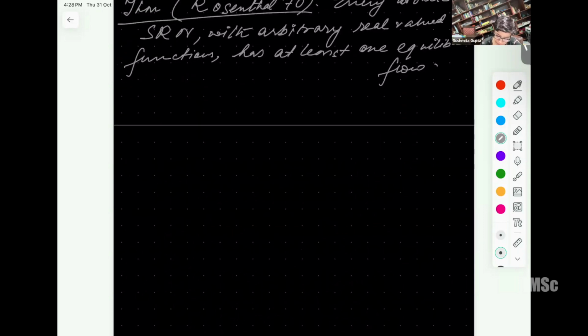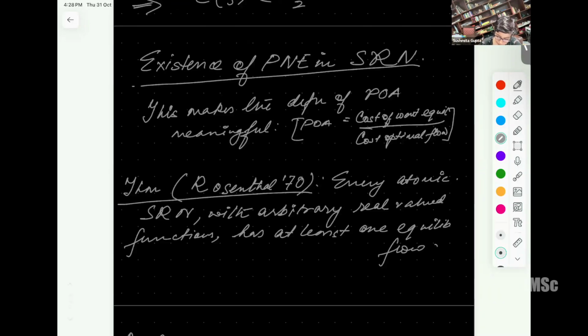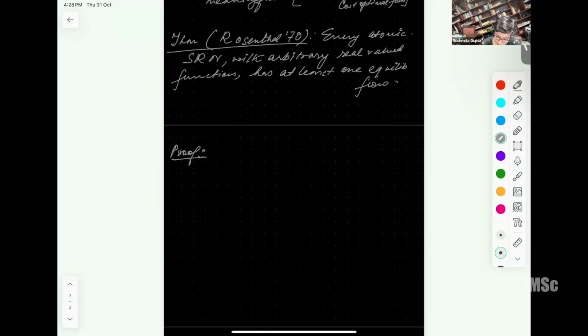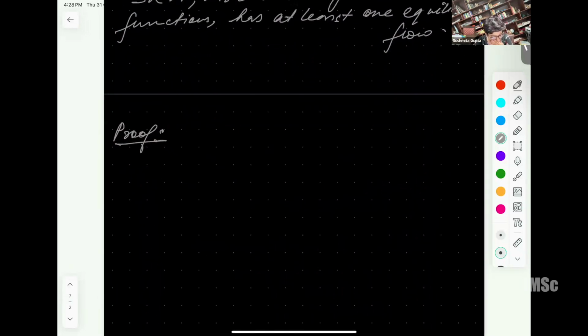Okay. All right. So proof. The point is via this notion of potential.